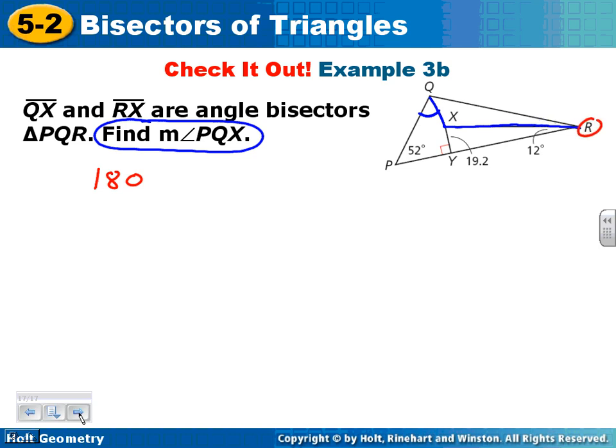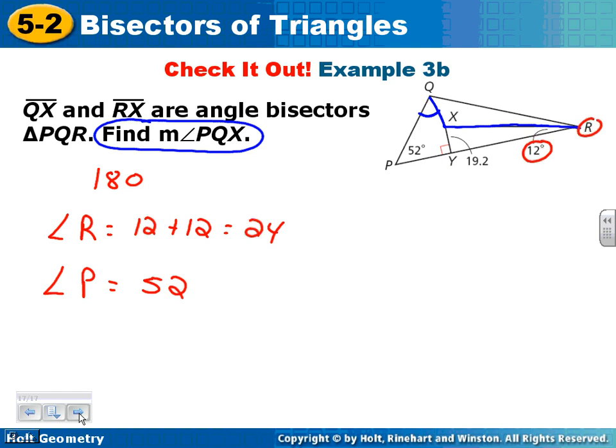Angle R, well, half of it is 12, so the other half would be 12. So let's write that down. Angle R is 12 plus 12, which is 24. Angle P is given to me as 52. So let's add those together. What's 52 and 24? 76.